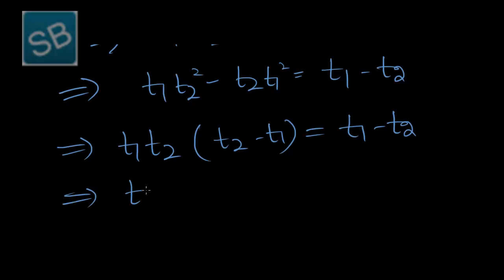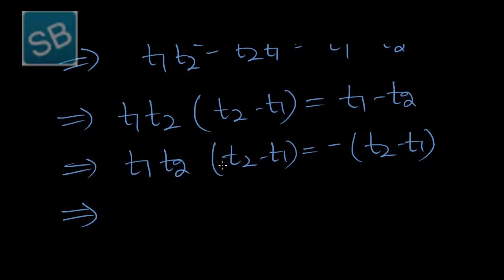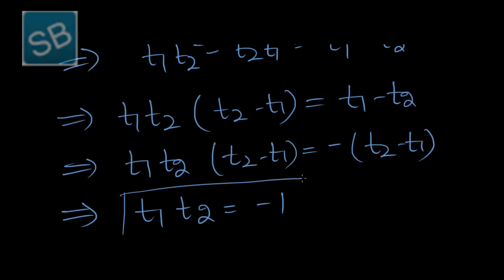So that gives t1 into t2, t2 minus t1 is equal to minus t2 minus t1. So on cancelling the same factor, we will get t1 into t2 is equal to minus 1. That is, if PQ is not the latus rectum, then this result is also true for 2 points lying on the parabola and making it a chord. So this is a property of parabola.